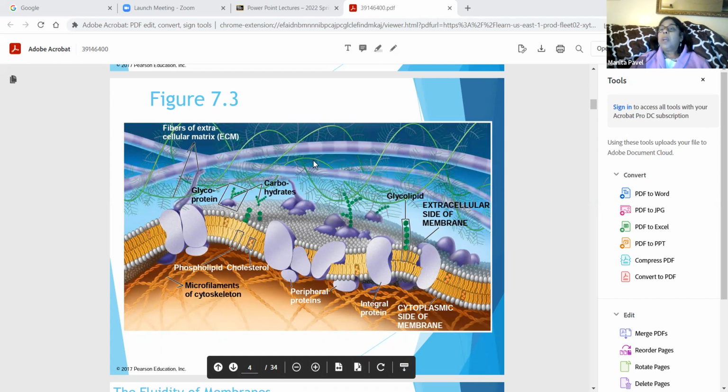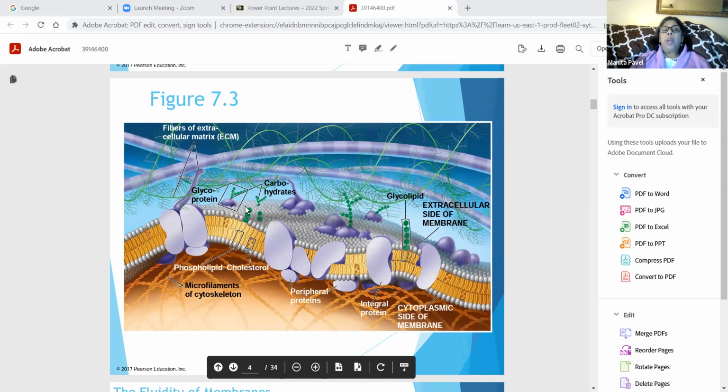If you are referring to the fluid that is present outside the cell, it would be termed ECF, extracellular fluid. This is the cytoplasmic side of your plasma membrane. So now what we see within the bilayer is cholesterol. This is the good cholesterol that our cell membranes are making or producing.